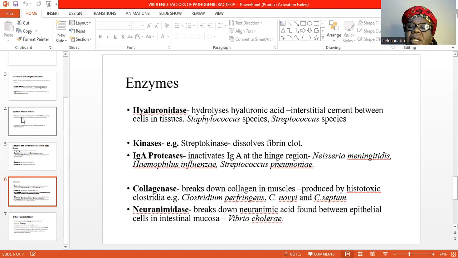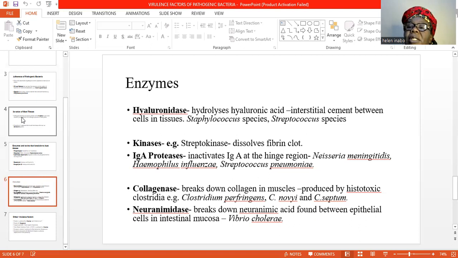IgA proteases are known to bind to IgA at the hinge region. The IgA, specifically secretory IgA, is known to protect the mucosal surfaces of the respiratory tract and the gastrointestinal tract.